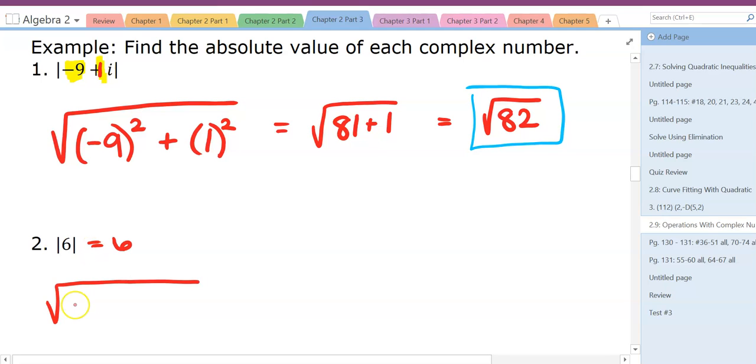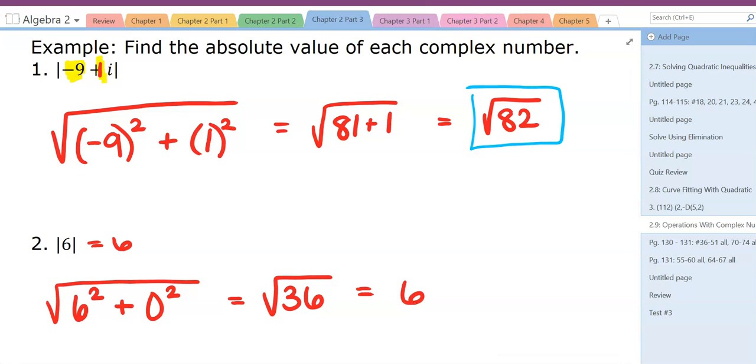The real number is 6, so you're doing 6 squared. Since there's no i, that means the number sitting in front of i was a 0. So you're taking this plus 0 squared. So you're going to end up with the square root of 36, which is how we get 6. So it still matches. It's just relating it now to that complex number plane. So why don't you guys try 3 and 4?